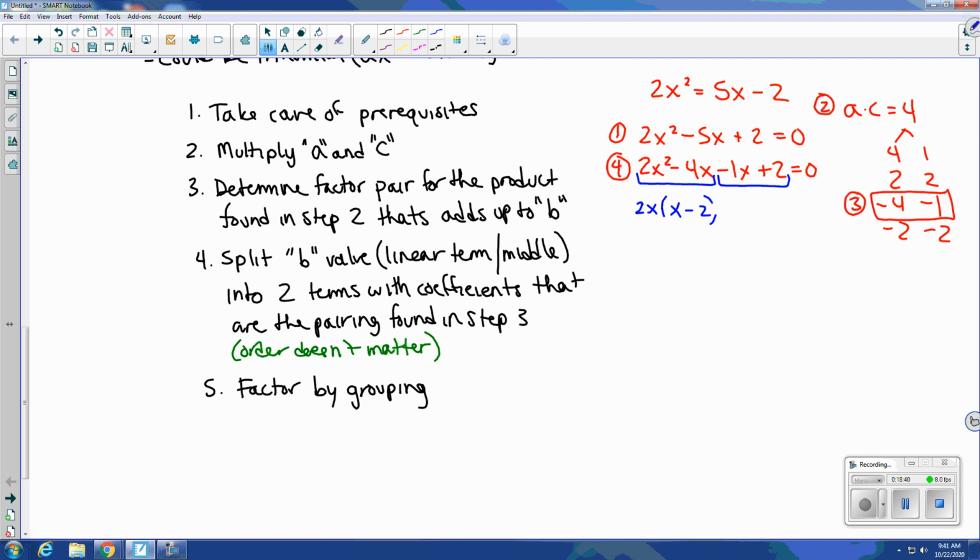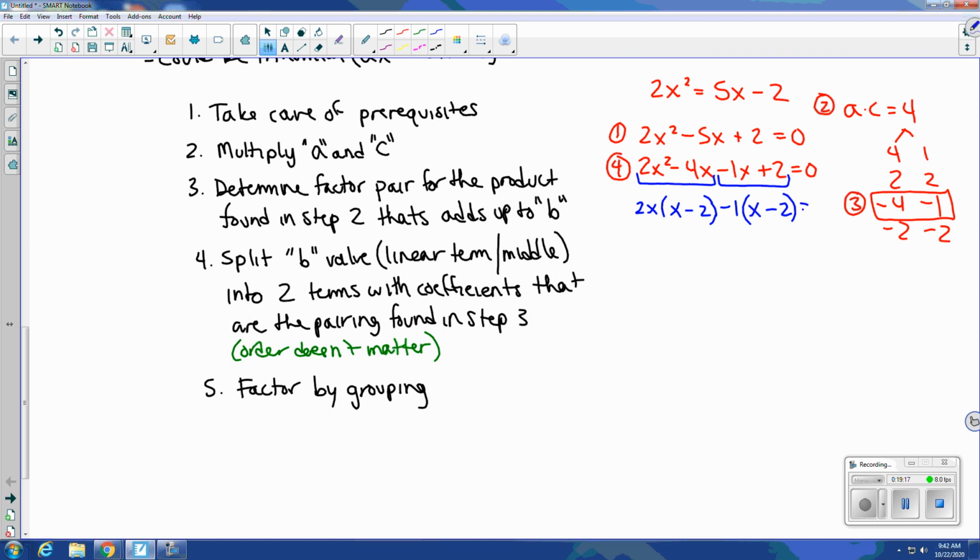Next, when you take out the GCF of the second pair, or the second grouping, it needs to leave behind the same thing in the parentheses that you had in the first group. So in order to get x minus 2 left over in my parentheses, I need to remove a -1 from that second group. Dividing each term by -1, -1x divided by -1 gets me positive x, that's where that comes from, and then positive 2 divided by -1 gets me the -2. Okay?